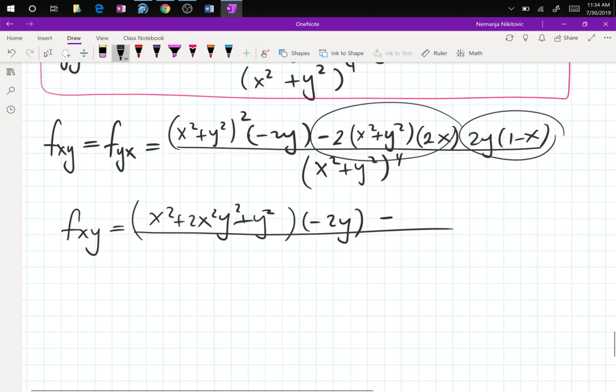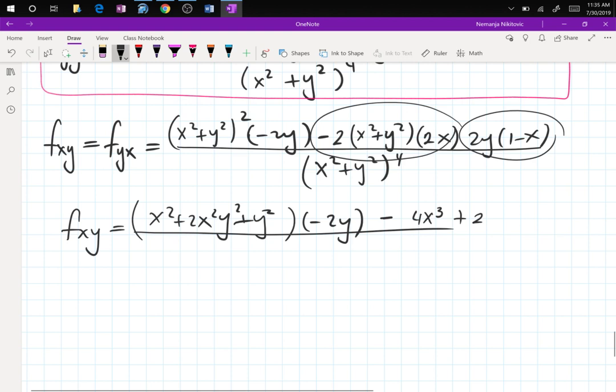So minus 4x cubed minus 2xy squared plus 2x times this times that.